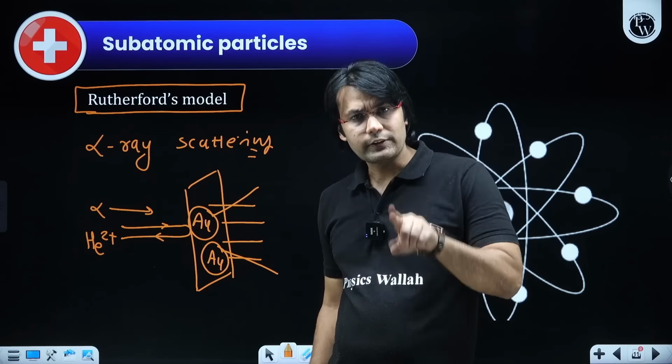For Fe2+, I need to write down the electronic configuration of Fe first. It is, as I just wrote, 1s2, 2s2, 2p6, 3s2, 3p6, 4s2 and 3d6. Now when I go from Fe to Fe2+, that means I need to remove 2 electrons. Electrons are always removed from the outermost shell, not from the highest energy subshell.